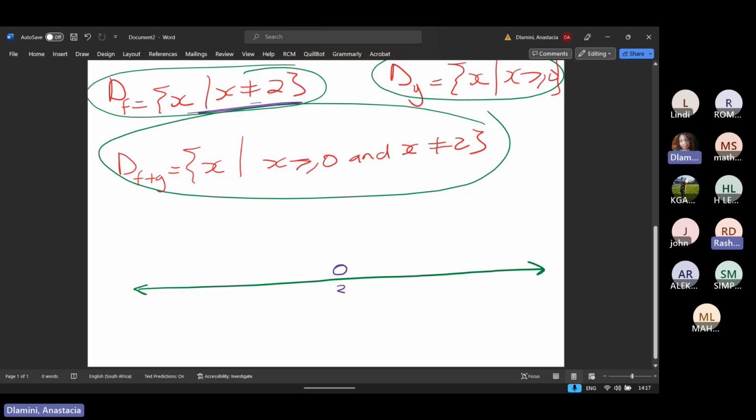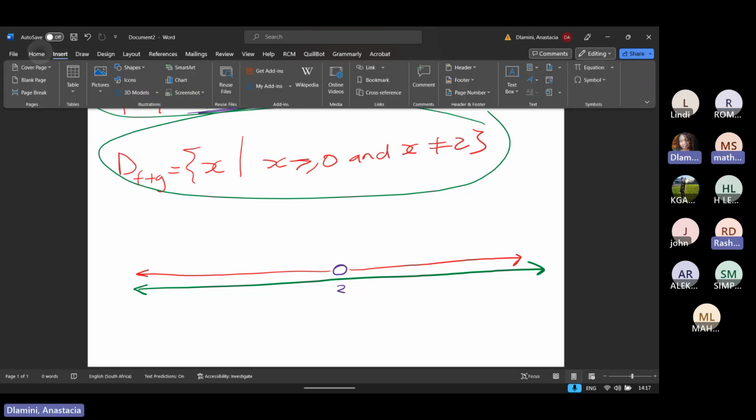It means that this function f is defined for any value of x to the right of 2 and to the left of 2, but not including 2. Are we all sorted there? Yes. Thank you.